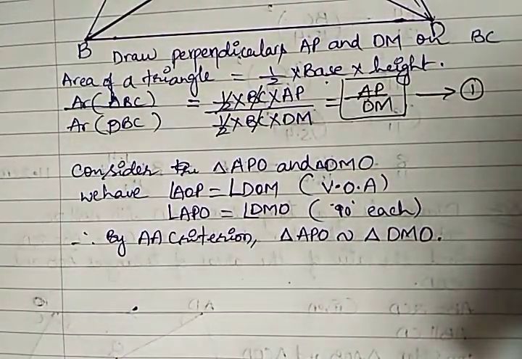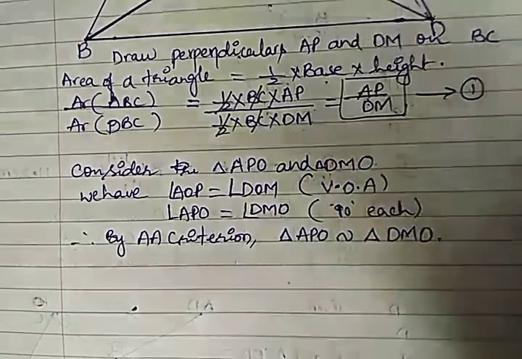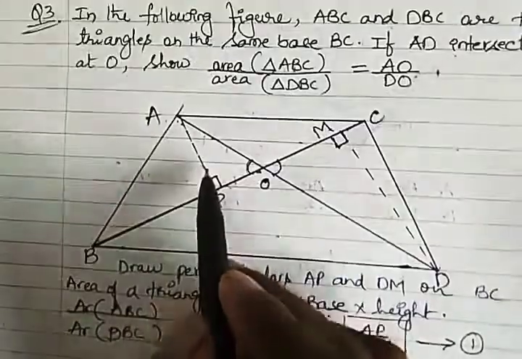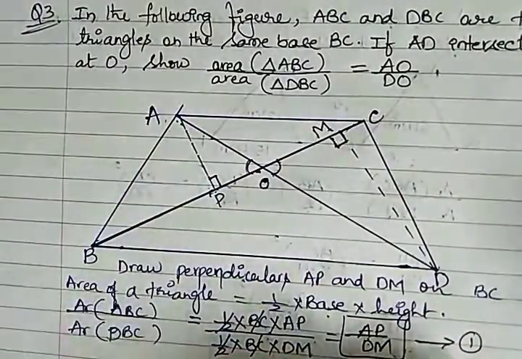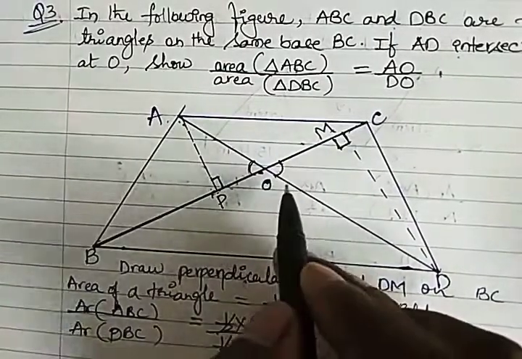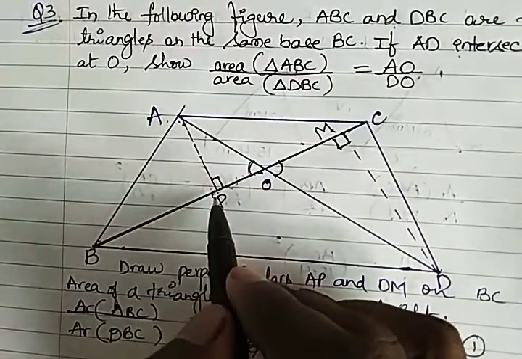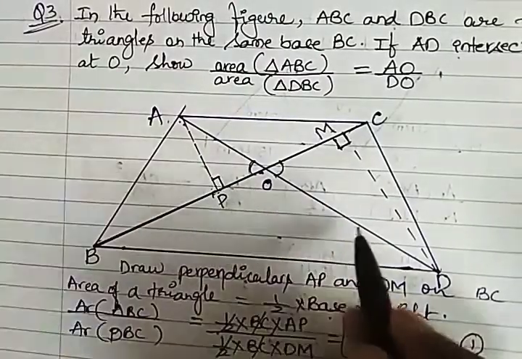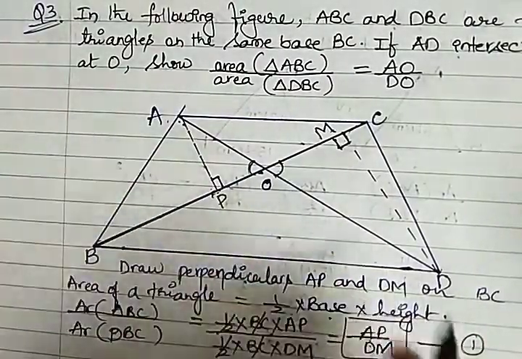If they are similar, what can we write for these two triangles also? We can write the similarity condition, that their corresponding sides will be in the same ratio.